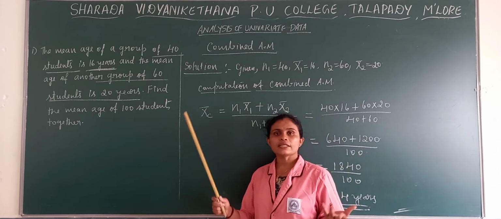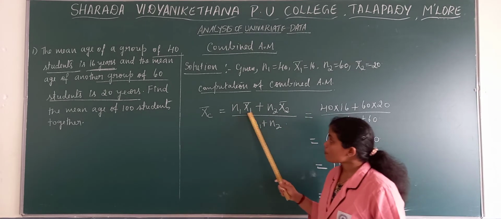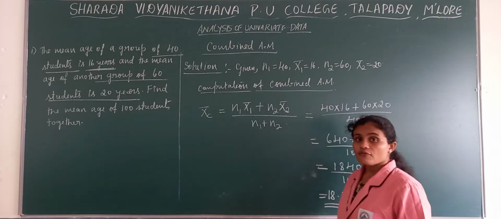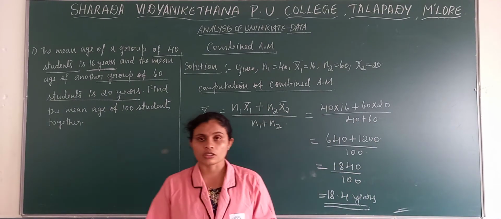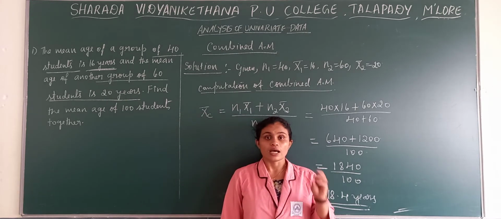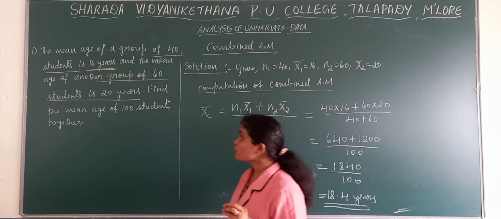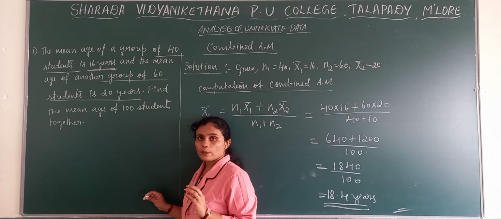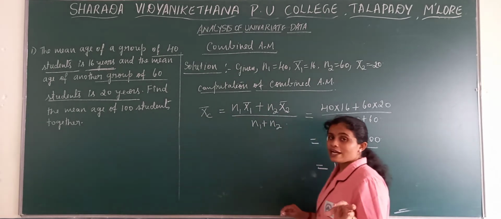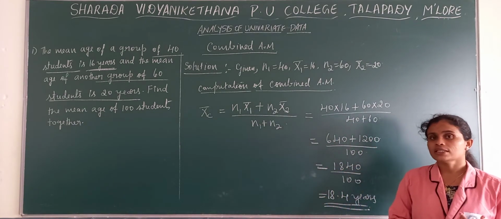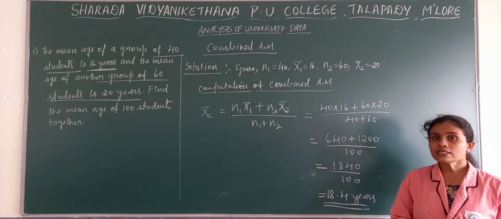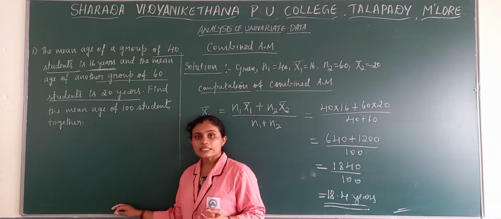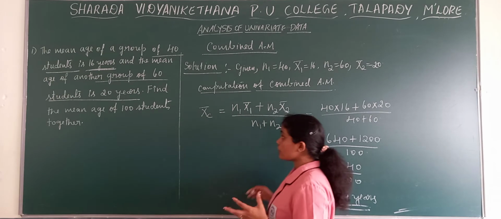Sometimes N1 and N2 both will be missing, or X bar 1 and X bar 2 both will be missing. So you get a variety of problems here, but whatever they are, you will get them in the form of word problems. This will always be a word problem. So firstly you need to identify what N1, N2, X bar 1 and X bar 2 are. If you fail to identify these terms, you will not be able to solve the problem.